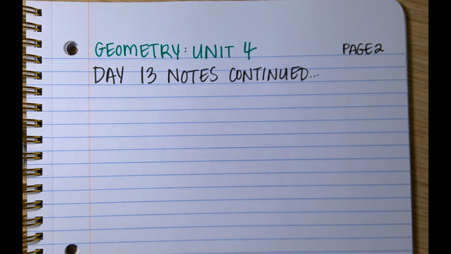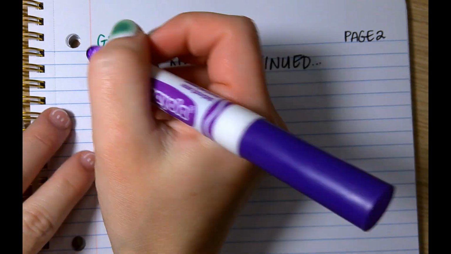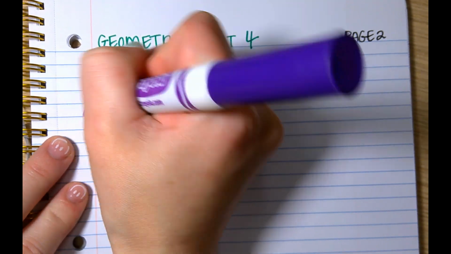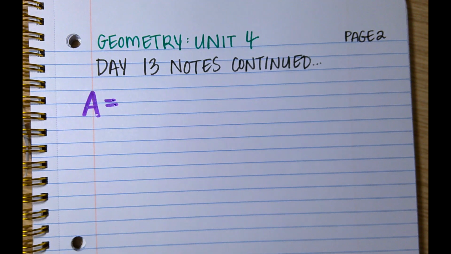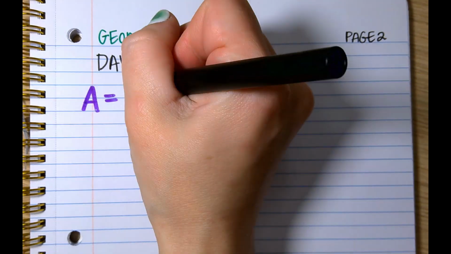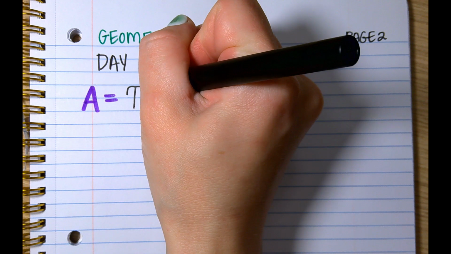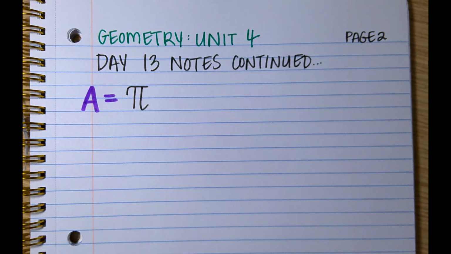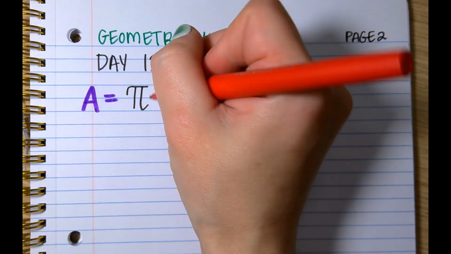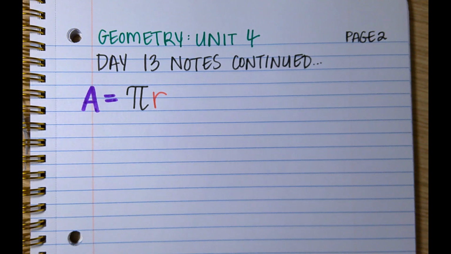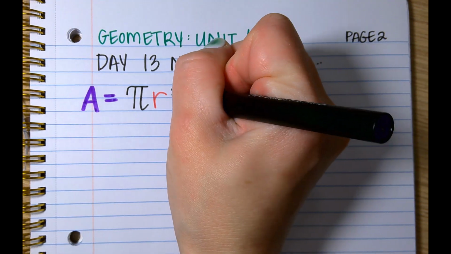Okay. So I'm just going to rewrite my area formula so I don't have to keep flipping back and forth on my pages. I have area equals pi radius squared.